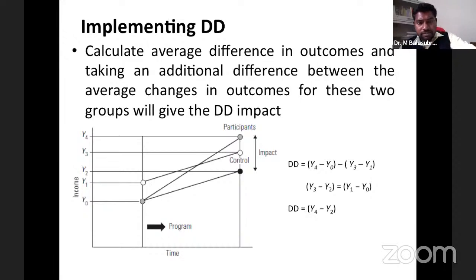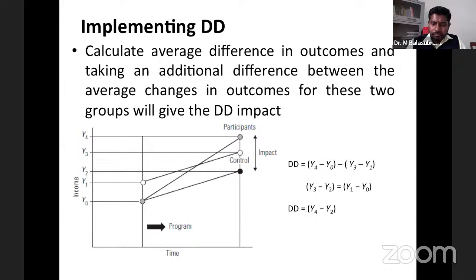The difference y3 minus y2 is the same as y1 minus y0, and that is written very clearly here. If I apply this equilibrium equation in the previous one, I get that y4 minus y2 gives the original impact of the program, which is nothing but our double difference.